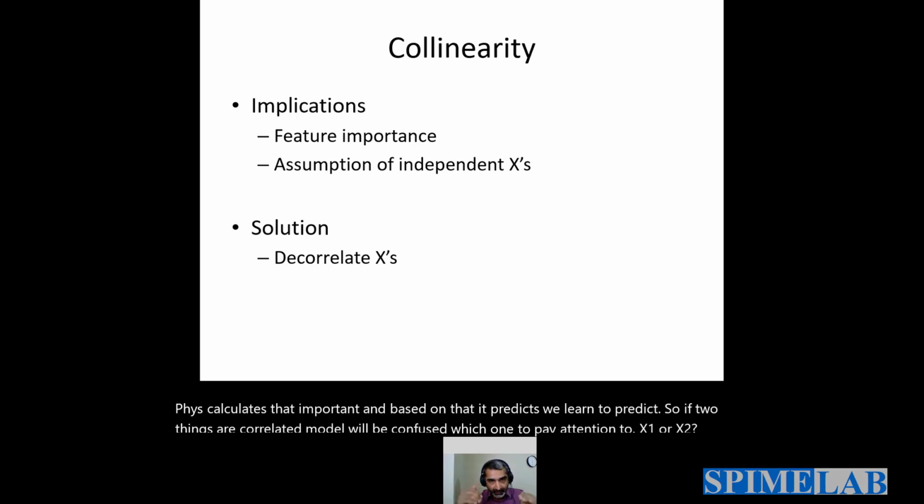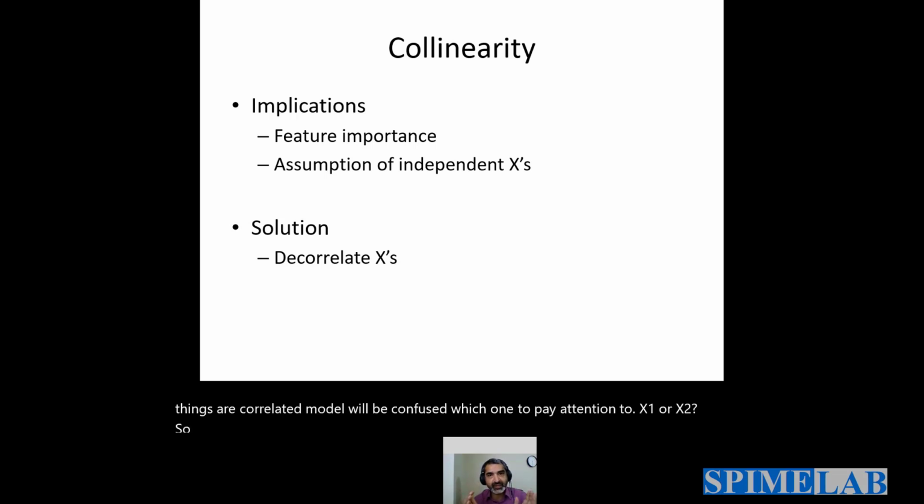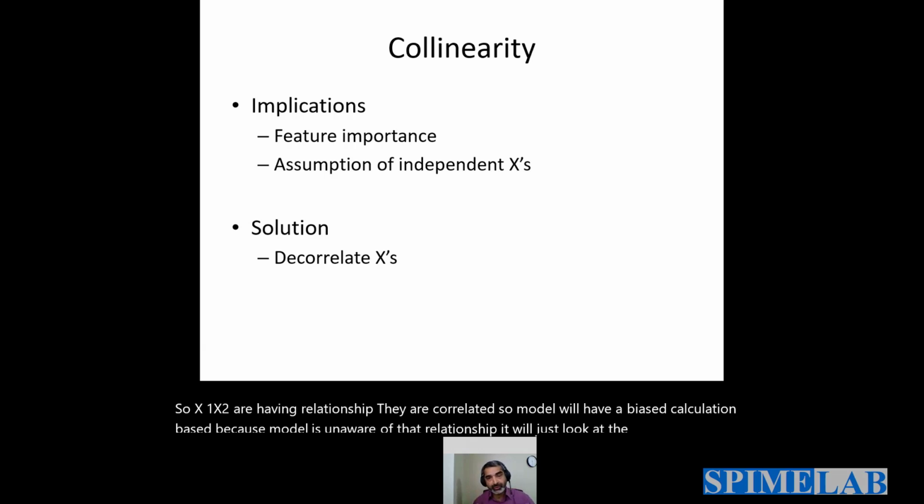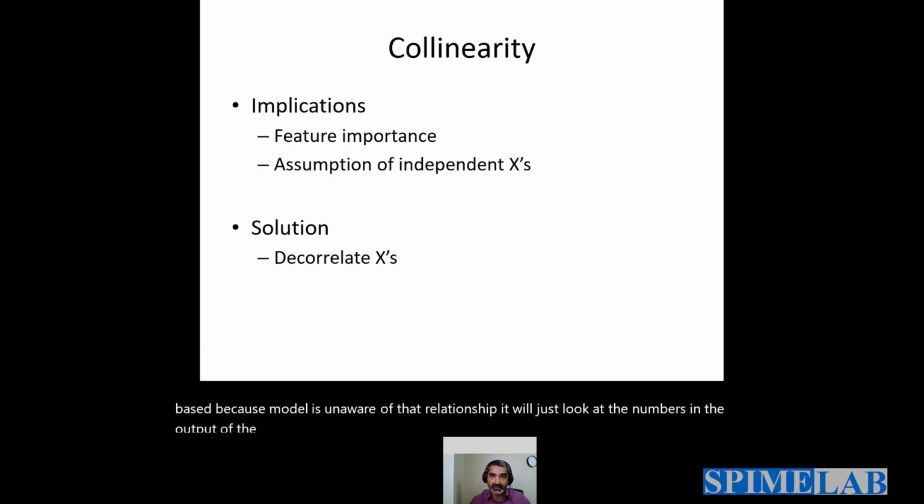Say X1 and X2 are having a relationship. They are correlated. So the model will have a biased calculation, because the model is unaware of that relationship. It will just look at the numbers, and the output of the model, in terms of linear regression or logistic regression, we will learn these numbers are then incorrect.